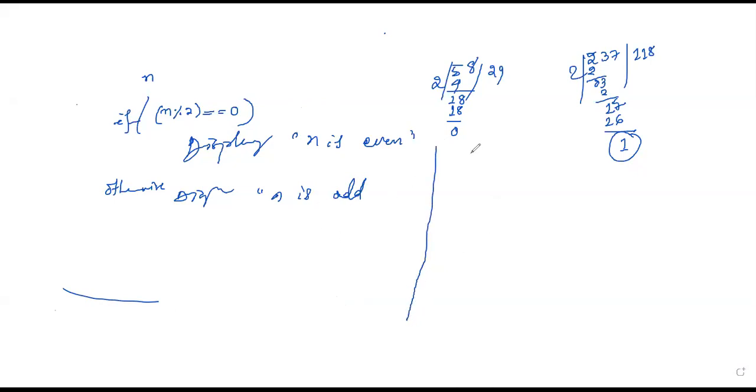I am giving some questions to you. You have to write the algorithm and draw the flow chart for checking even and odd. Check whether a given number is even or odd.